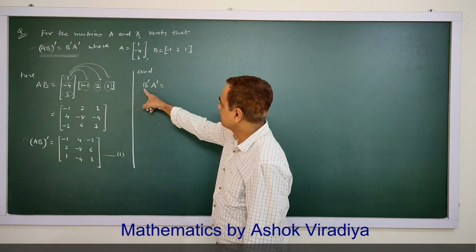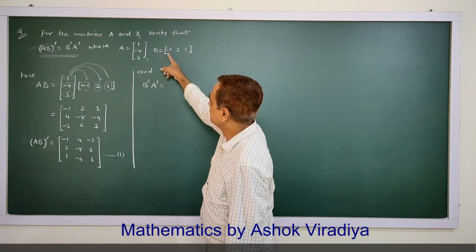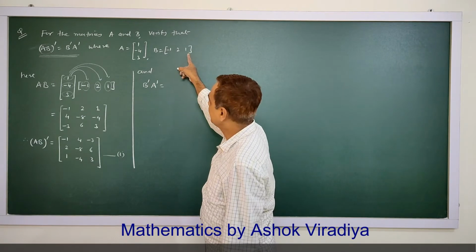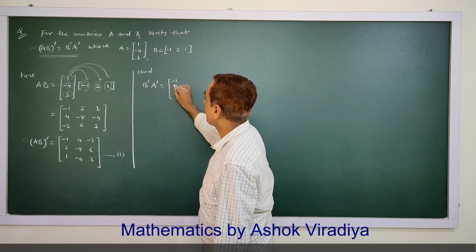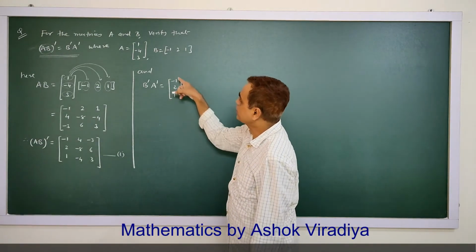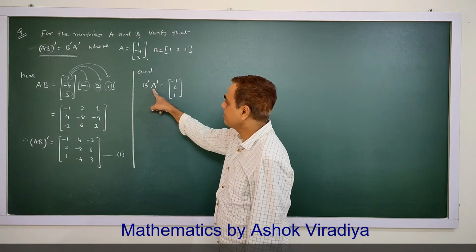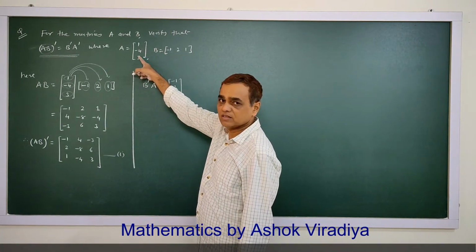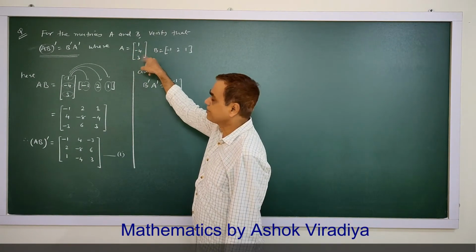Transpose of B. This is a row matrix. Its transpose will be a column matrix. Row is converted into column, then into A dash. This is A. So its transpose will be converting rows into columns.